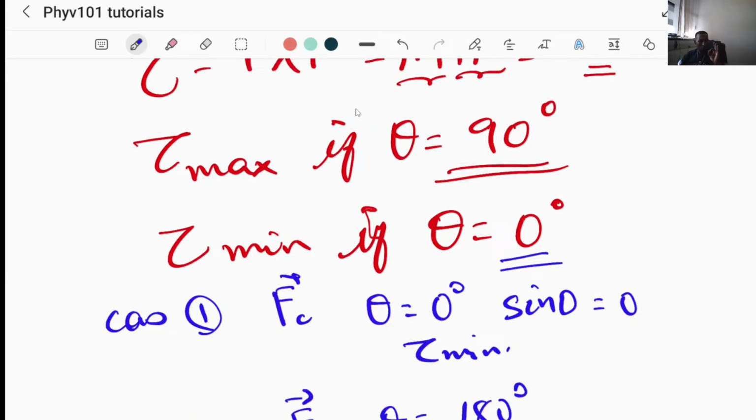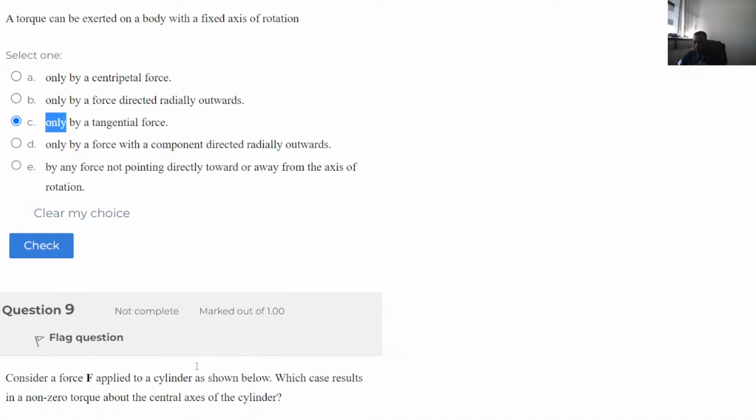Any force directed in a certain direction, whereby the angle between the direction of the force and the direction of the radial distance is different from 0 and 180 degrees, has an effect of torque. Based on this definition, this would have been true, but it's not only. I would be happy if this one had said that maximum torque is because of a tangential force. I will take that one as real.